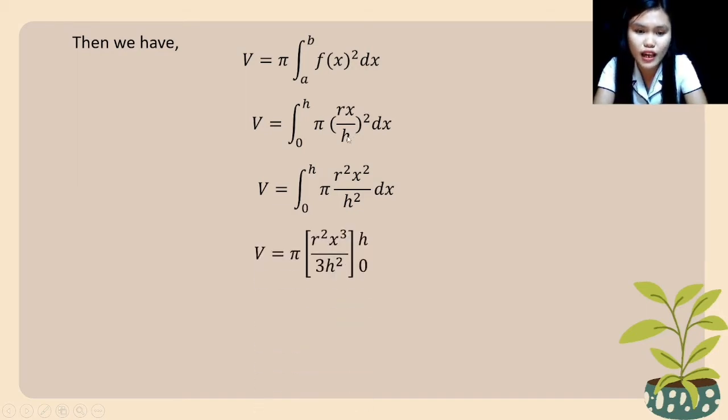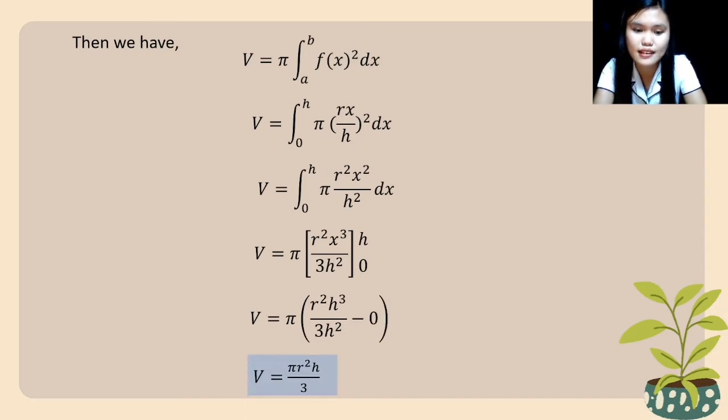Now we'll have volume equal to pi r squared times x cubed over 3h squared, evaluated from 0 to h. Now we'll have this, and the final answer is the formula for the volume of a cone, right? So we have here volume equal to pi r squared h over 3. I hope everybody got it correct.